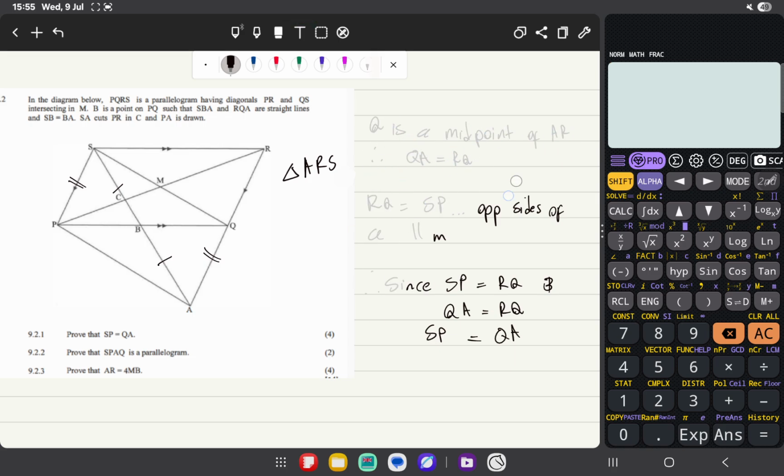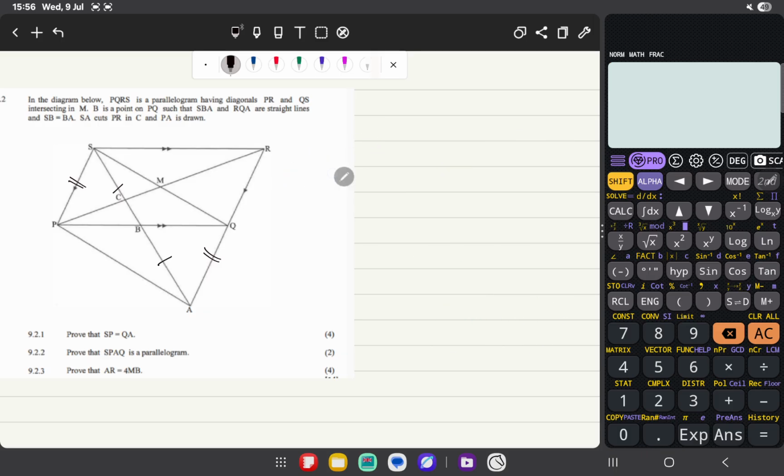So now look at the diagram. One of the things is you can even draw it aside so that you can have a clear picture of that particular shape which we are trying to prove is a parallelogram. So look at it very carefully.